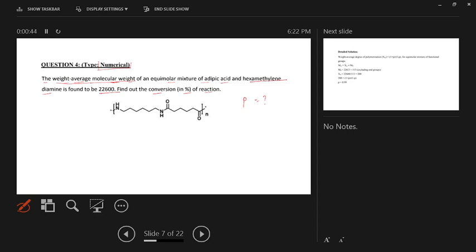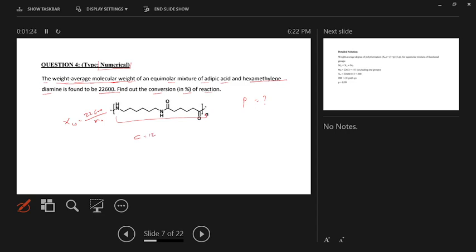If the weight average molecular weight is given, we can find out XW, the weight average degree of polymerization. It will be 22,600 divided by the molecular weight of this group, M0. So you can find out how many carbons there are.